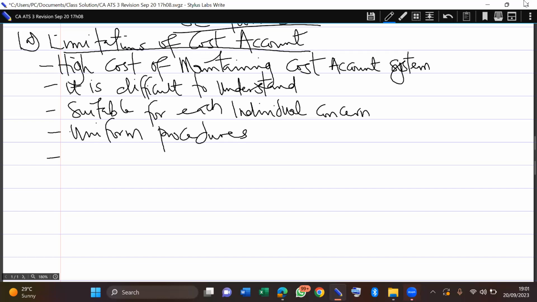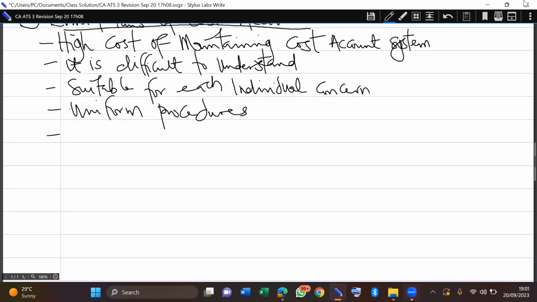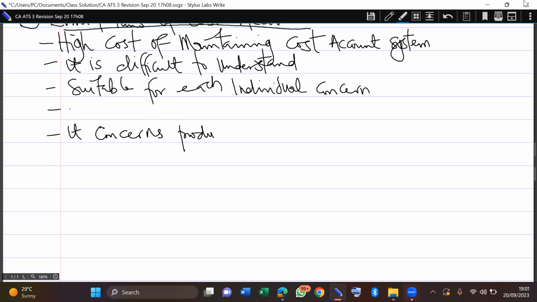Let's remove tax purposes. Should we put it as lack of uniform procedures? No, not lack of uniform procedure. Let's say it takes uniform procedure because it is uniform.